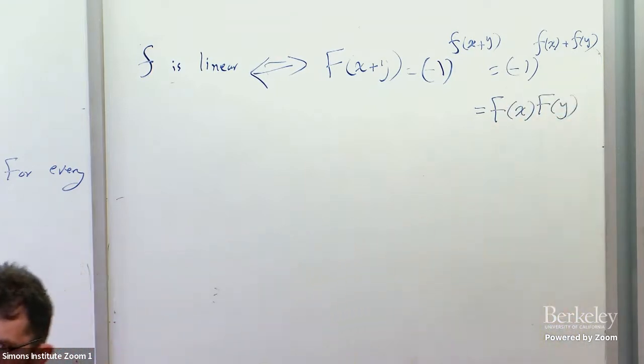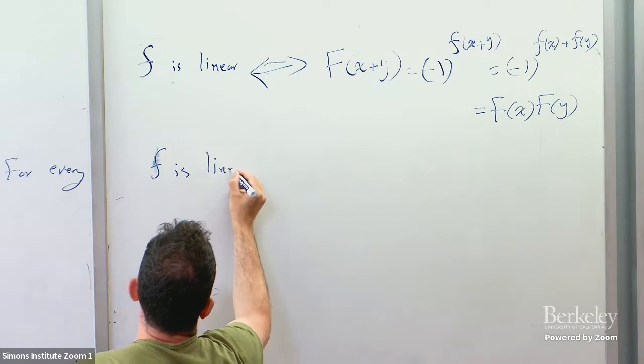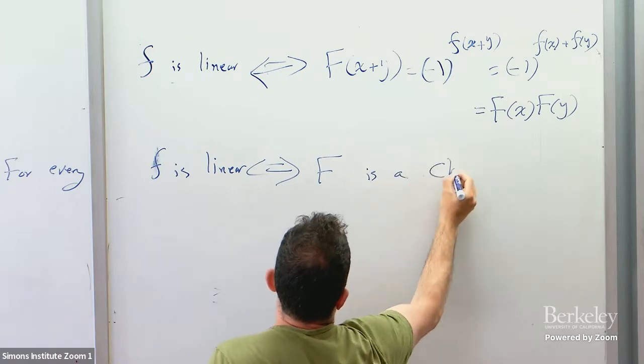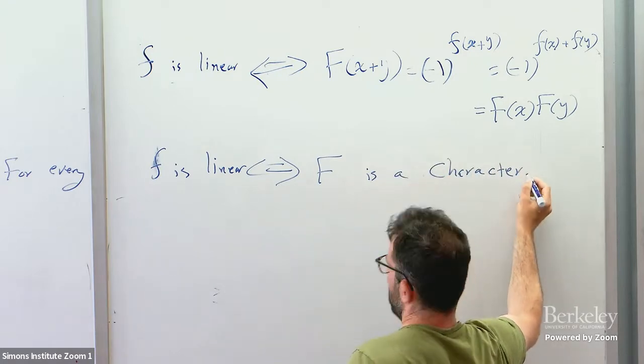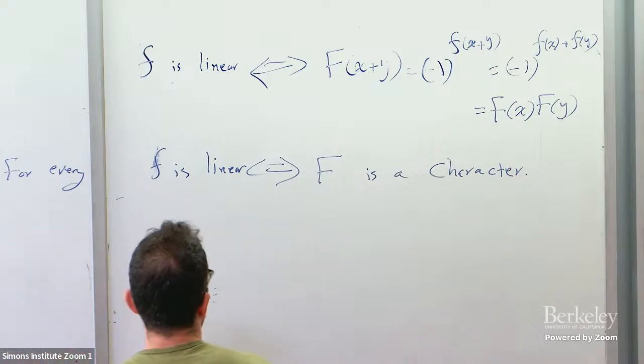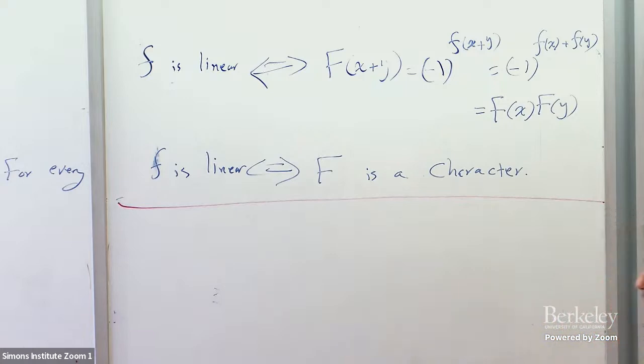So linearity translates to something we've been looking at, which is being a multiplicative function, being a character. So f is linear if and only if this capital F is a character. Our problem now is really, when we think about this capital F, we want to know whether it is a character or it's far from being a character, it has some distance from every character. So it already looks like something that falls into what we've been looking at.